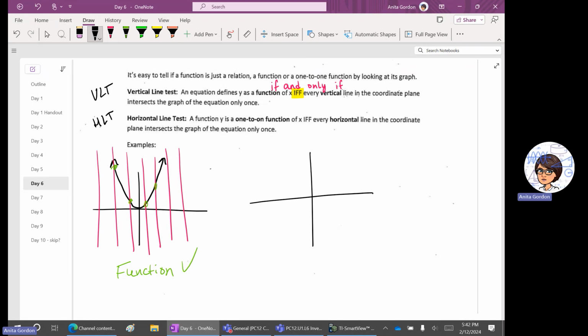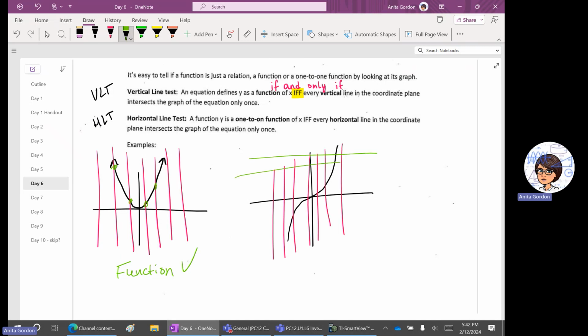Alternatively, if I have a graph that looks like this, and I draw my vertical line test, it passes. But I can also draw a horizontal line test, and it passes. The green lines cross at only one single point, and the pink lines cross only at one single point.